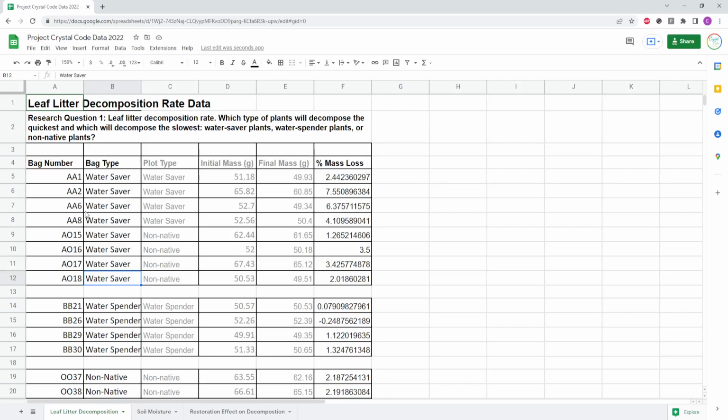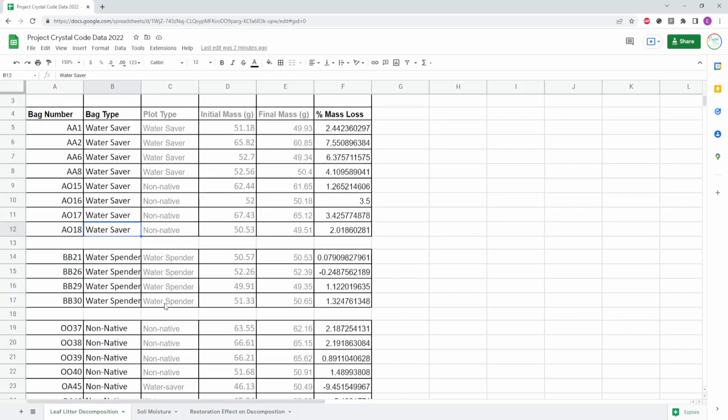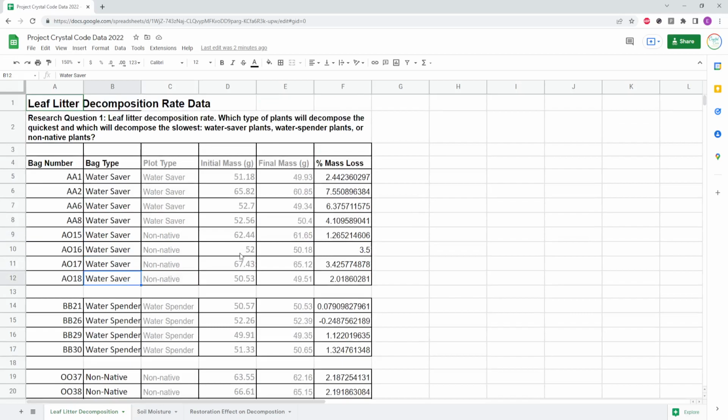And then each one of our leaf litter bags is going to be placed in a certain location or a certain plot. And those three types of plots are also a water saver plot, a non-native plot, or a water spender plot. And that's going to tell us what kind of plants were in that plot.